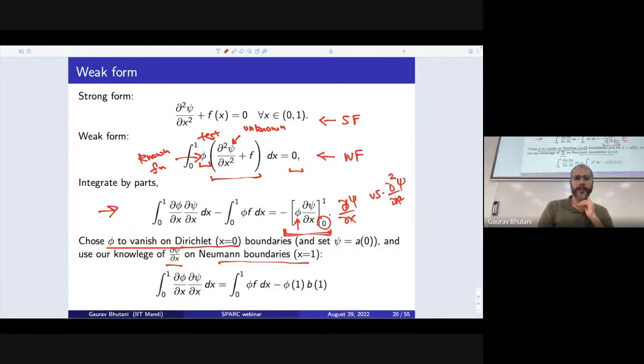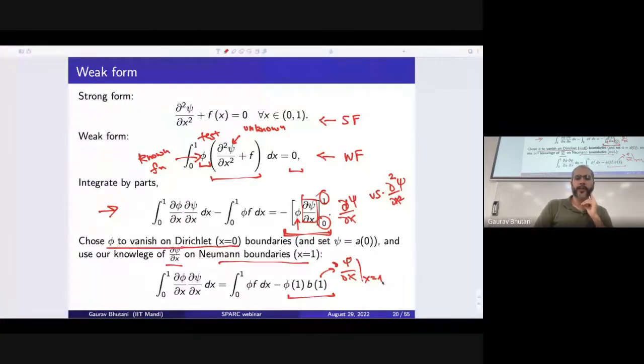For the first boundary, we know del psi by del x. That's what Neumann means. So when you simplify it, all we are left with is this term, where B1 represents del psi by del x at x equal to 1. Okay, so this all came from applying integration by parts to the weak form.